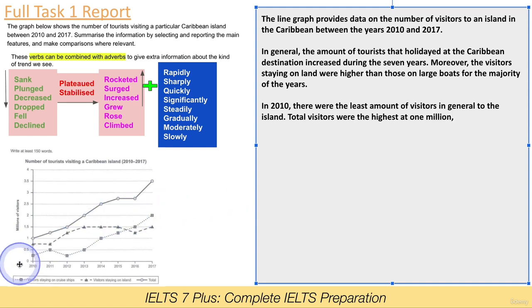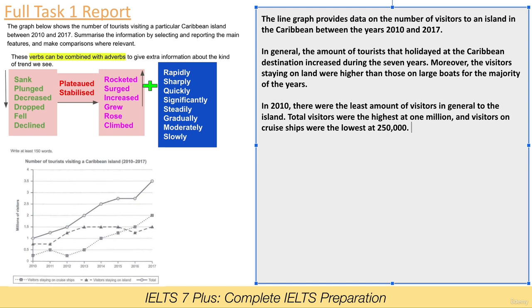And what was the lowest? Oh, visitors on cruise ships. And visitors on cruise ships were the lowest at, we've got 250,000. There we go.